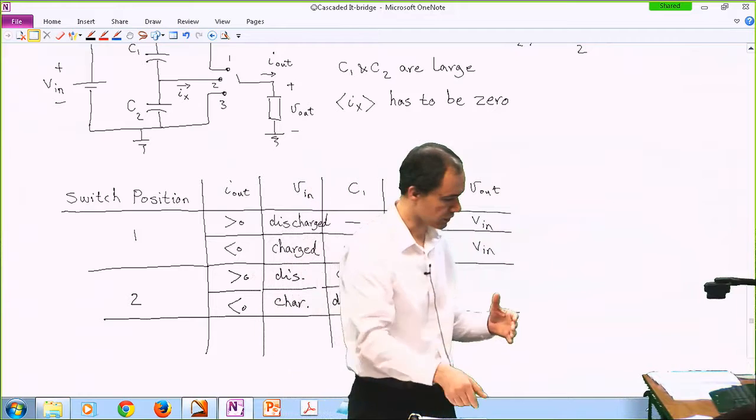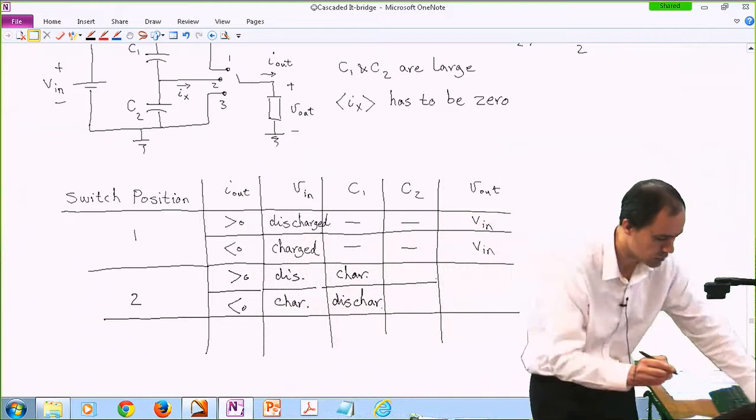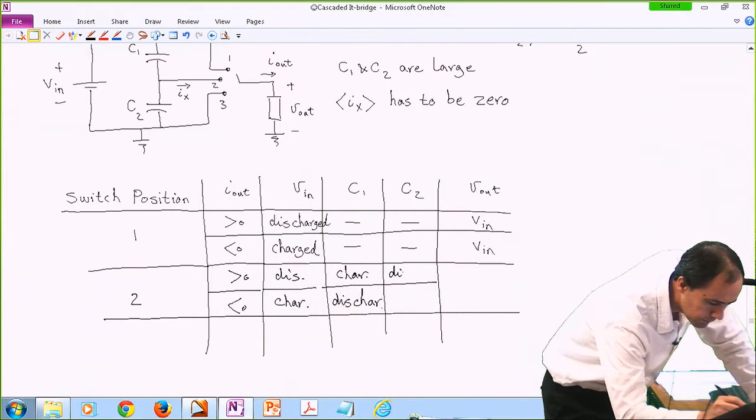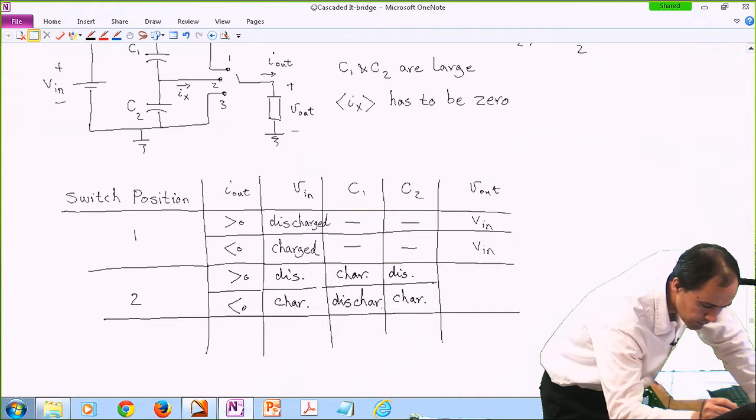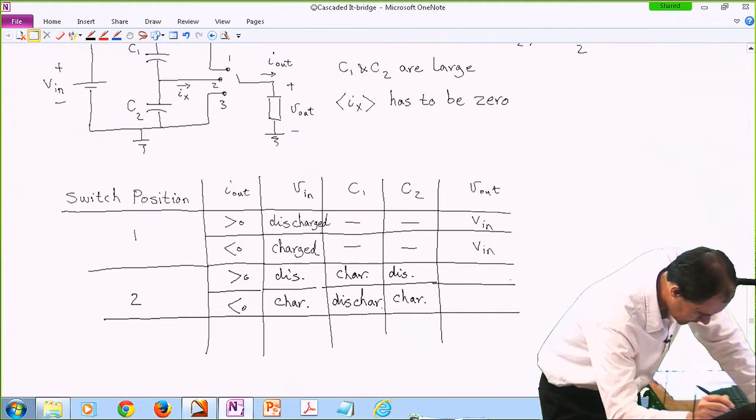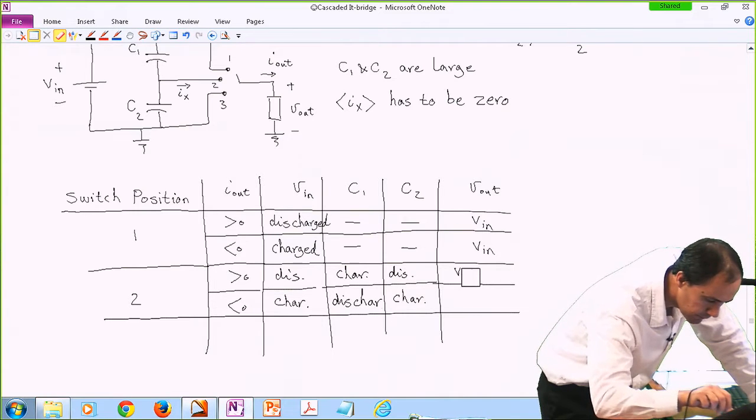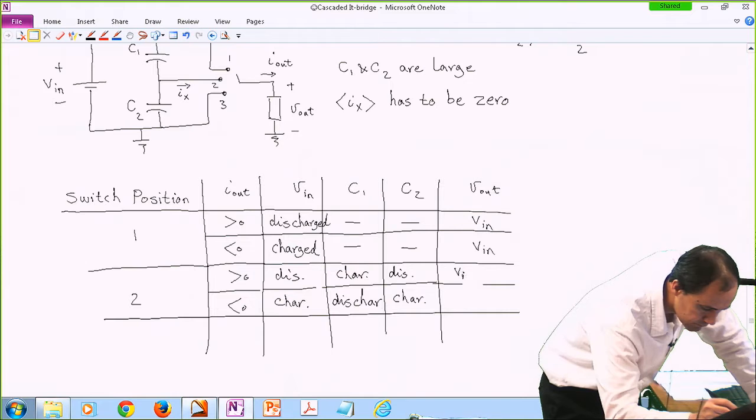So if one of them is getting charged, the other one has to get discharged. Discharge, and this is getting charged. And we are looking at VDC over 2, Vin over 2.